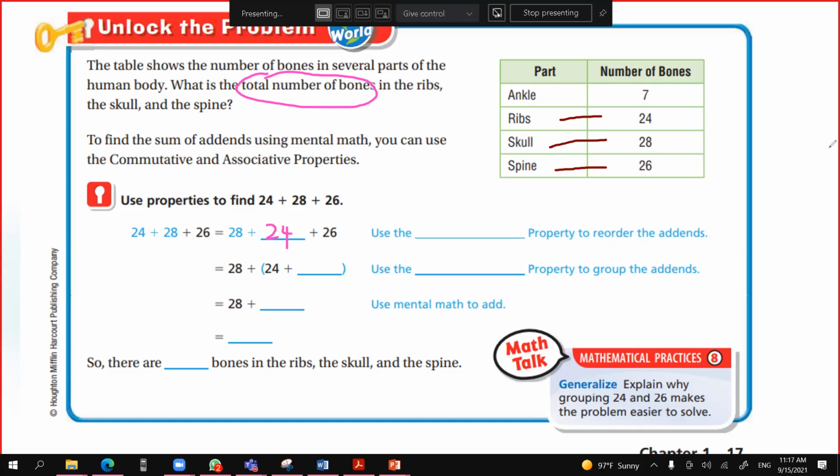Yes, grade 5. Which property did I use here for the addition? Associative or commutative or identity? Commutative, thank you. Why commutative? Because I changed the order and it doesn't matter.